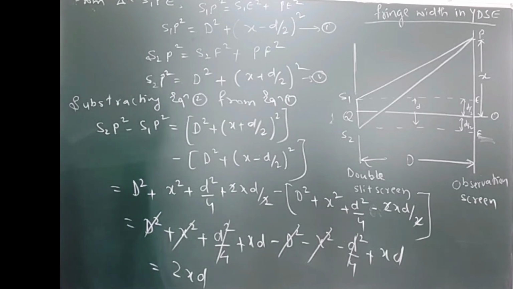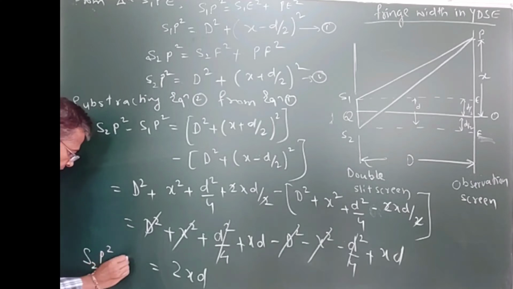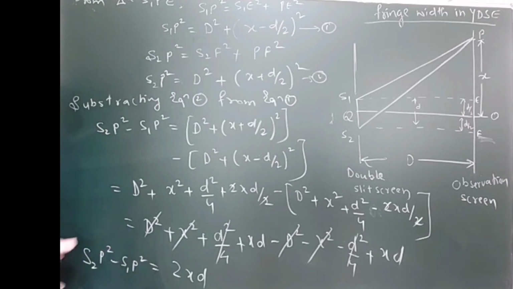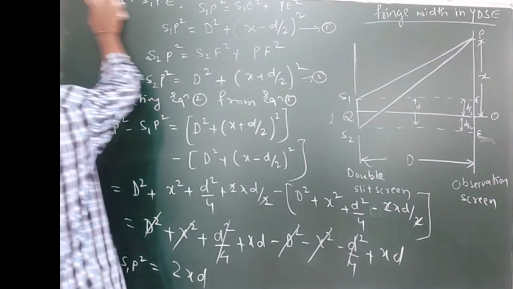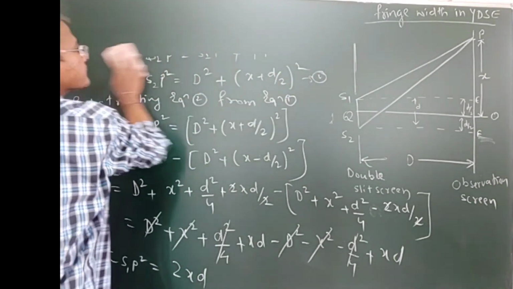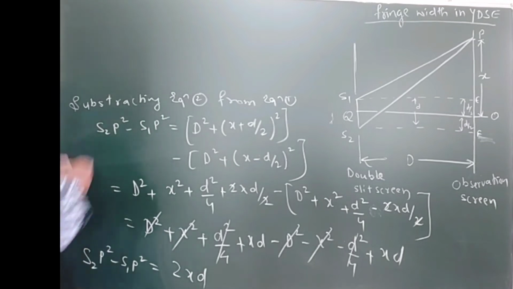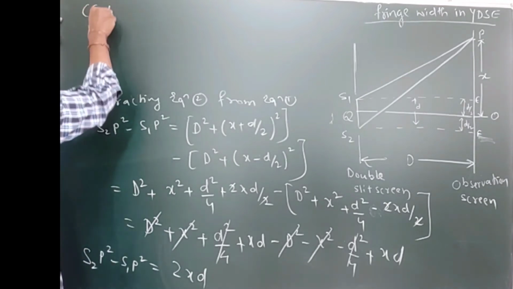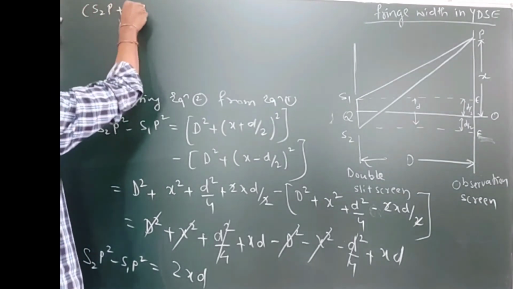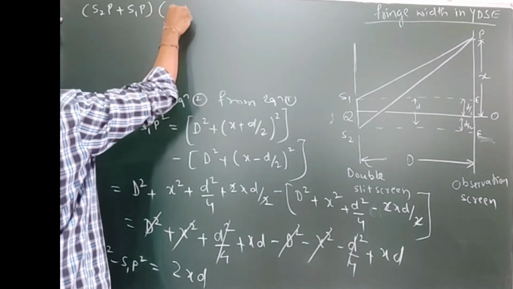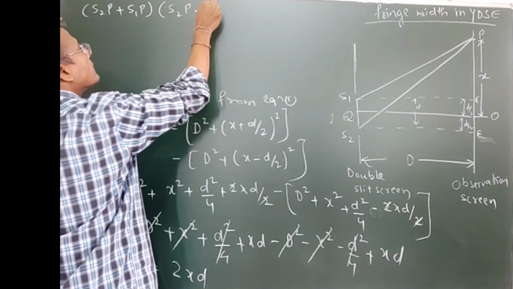Now next, S2P plus S1P, that is 2D we are considering. So this we are going to write down: S2P square minus S1P square. I am writing it up here, look. This is S2P plus S1P, this is S2P minus S1P.